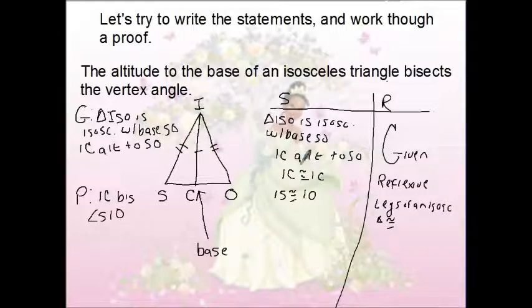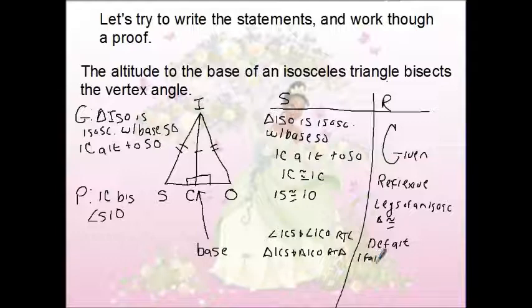If we know we have an altitude, we know right angles are going to be formed. So angle ICS and angle ICO are right angles. Definition of an altitude. When I draw those right angles in, I see it's going to spell out angle side side, so I know I want right triangles. Triangle ICS and triangle ICO are right triangles.